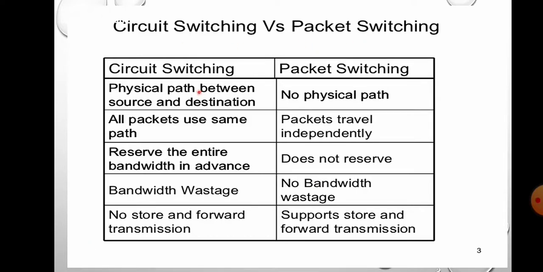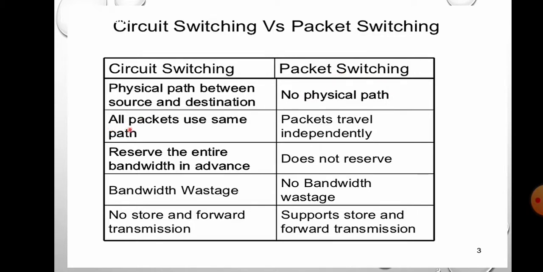In the case of a circuit switch network, as I mentioned before, there is a physical path between source and destination. This path is called a dedicated path, and it needs to be established before the information is transmitted between the sender and the receiver node. But in the case of a packet switch network, no physical or dedicated path is established.